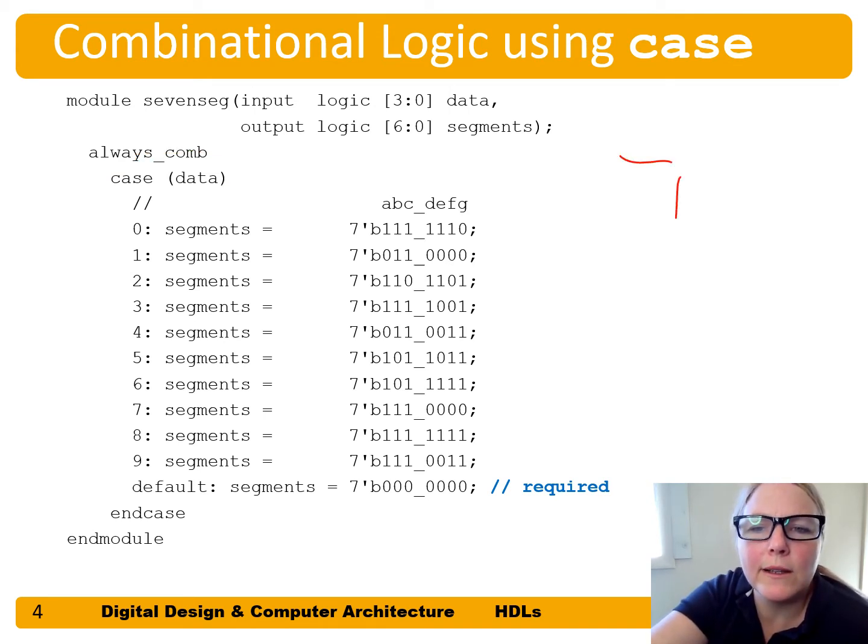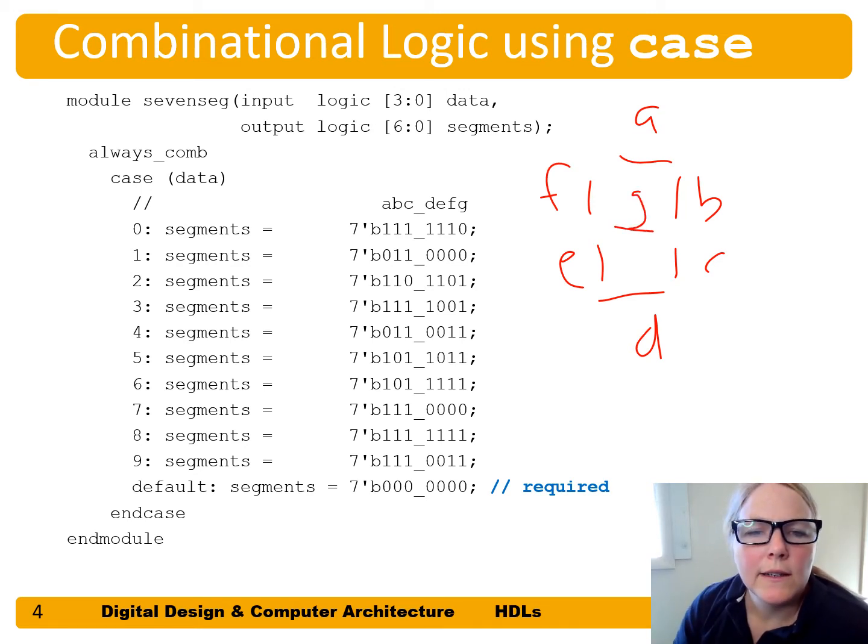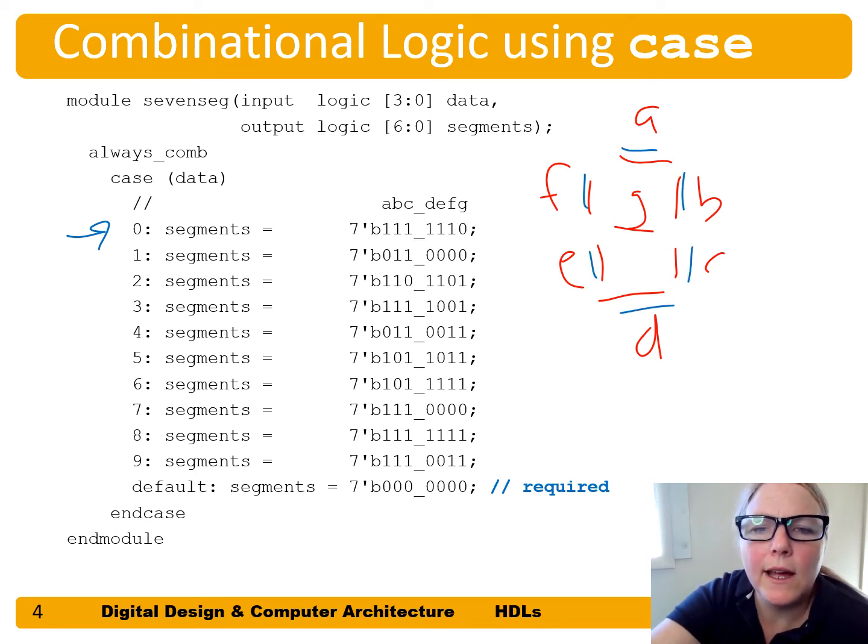So remember, our segments are numbered like this: A, B, C, D, E, F, and G is the middle bar. And so for displaying the value 0, if data is 0, then we're going to get A, B, C, D, E, and F lit up, and G will be 0, will not be lit up, the segment in the middle.